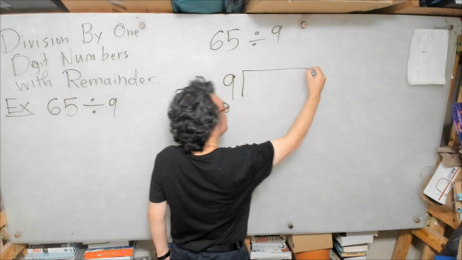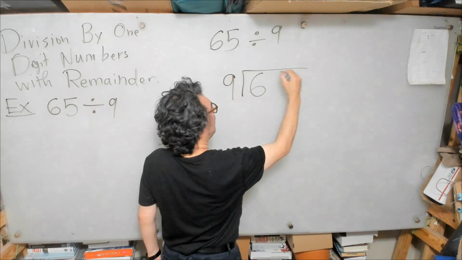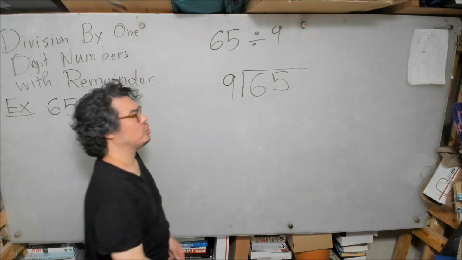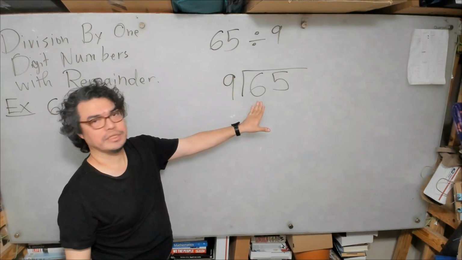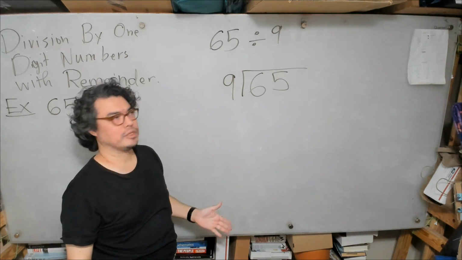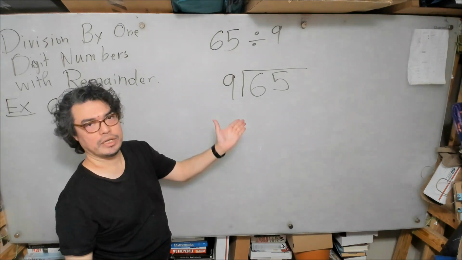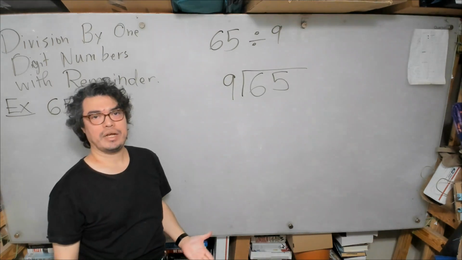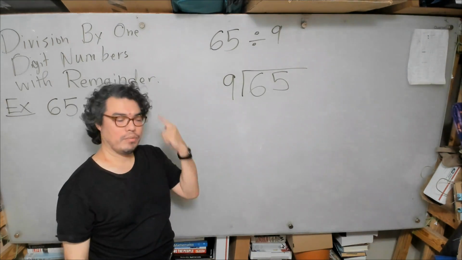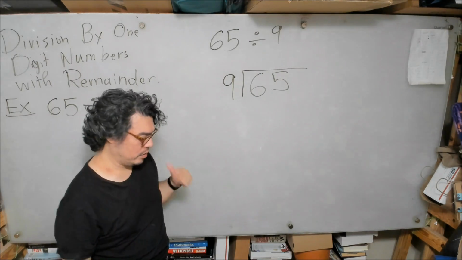And we place the 65, which is the number we're dividing, inside the division house. We ask the question, does 9 go into 6? Of course not in this case, the 6 is smaller than 9. Does 9 go into 65? Aha, it must.